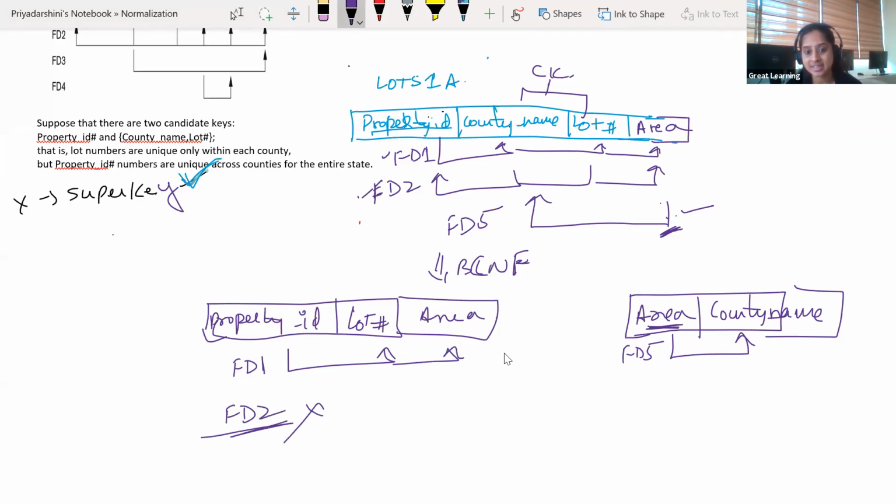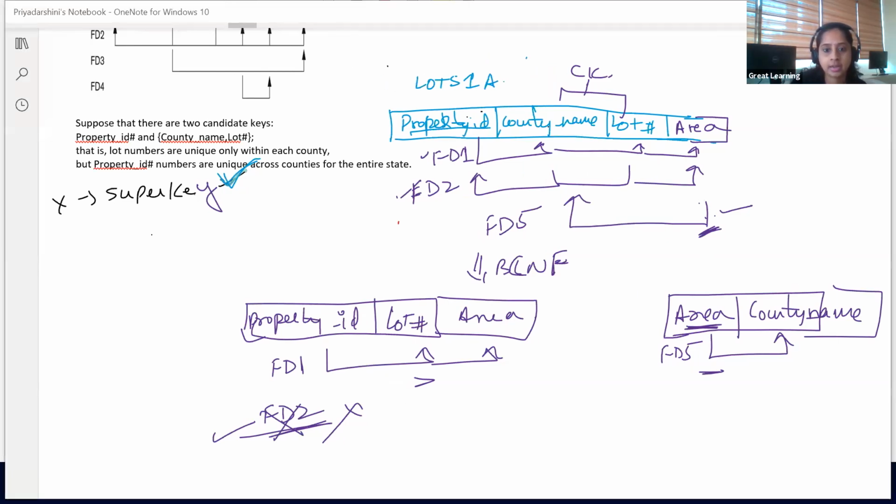That means preserving the functional dependency is not possible; I have lost it because of this problem. We will come back to this problem in the next slide. Now you understood? We will divide it. That's as usual.